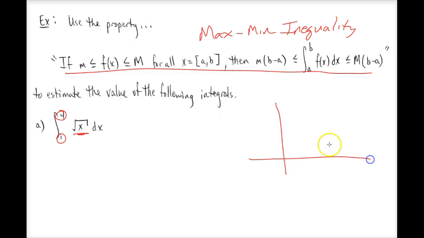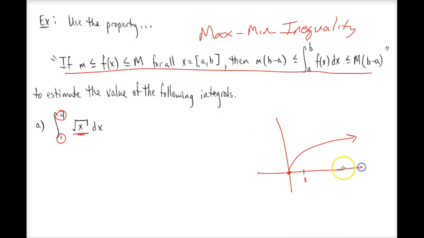So let's start off by looking at what square root of x looks like. And square root of x in general, I'll draw this over again, looks like this. And of course, we're wanting to consider it from 1 to 4, which, if we do this, will map us up to, let's say, this point right here, which would be 1.